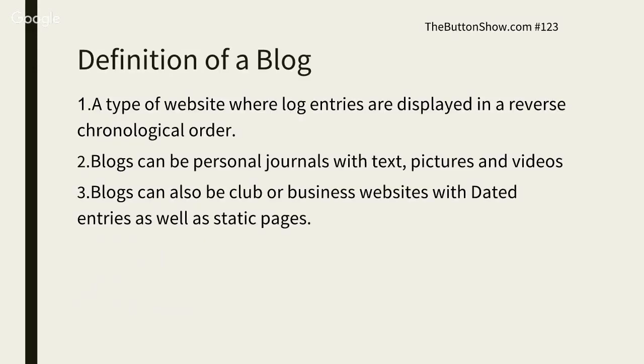I blog, you blog, we blog. The definition specifically is it is a type of website where log entries are displayed in reverse chronological order. Blogs can be personal journals with text, pictures, and videos, and that's what we expect most people who learn from us are doing.